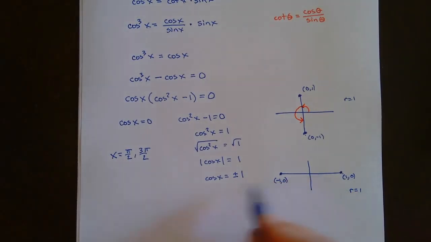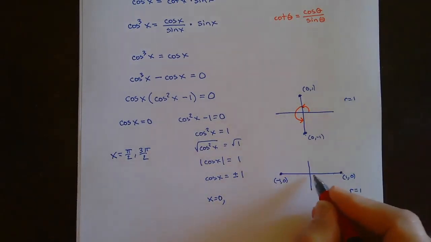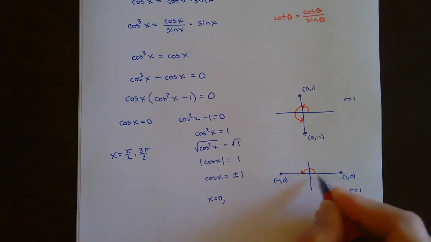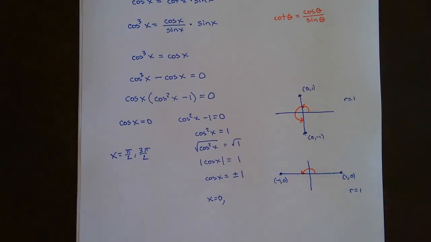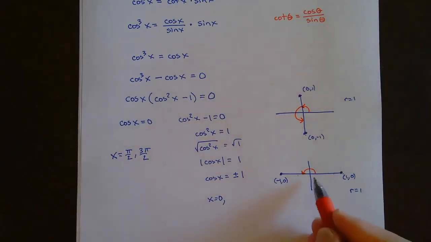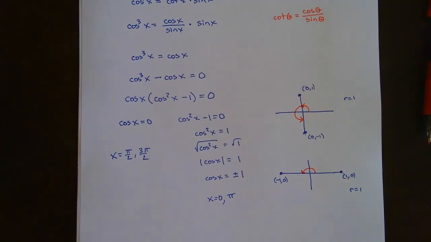So the answer to this one would be this angle, which is angle 0, or this angle. When the initial side and terminal side are the same, that's kind of hard to show, because there's no rotation, so you don't see an arrow right here. But it'd be this one right here, which would be angle 0, and this angle would be pi.